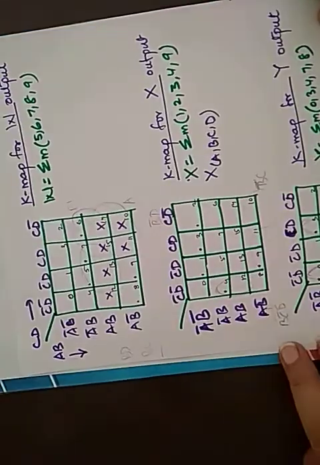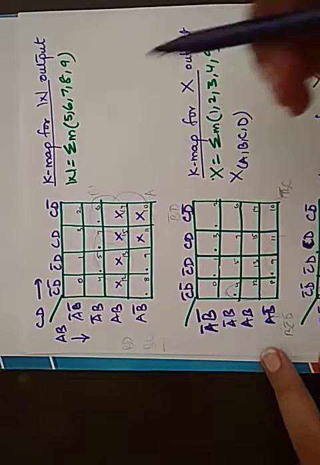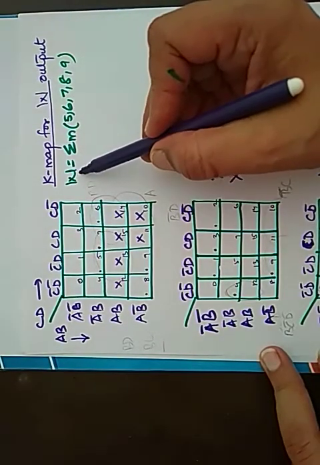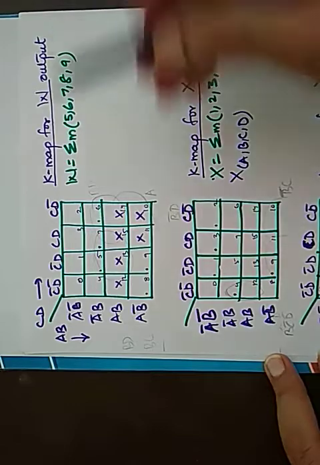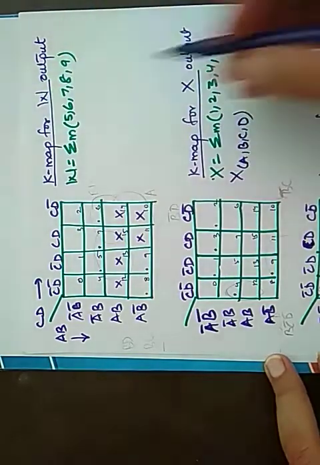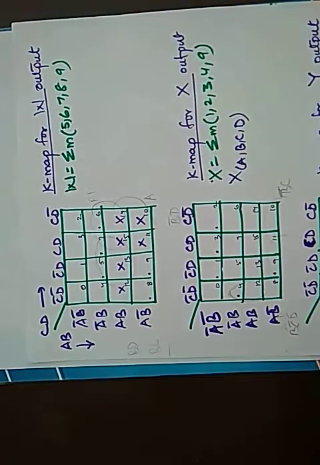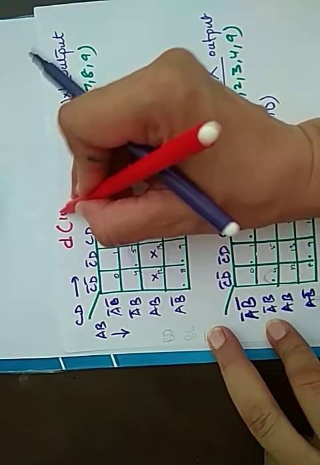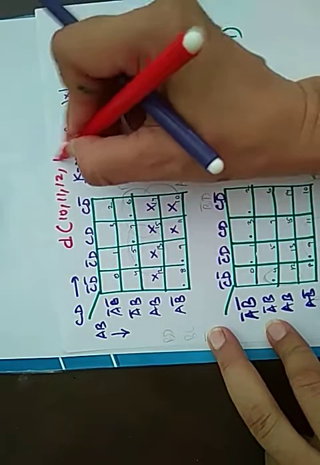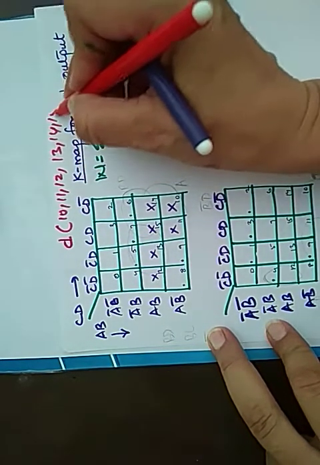Now let us start solving each K-map one by one. So our W function was sigma M 5, 6, 7, 8, 9. And remember that for all these functions we have common don't cares, which are 10, 11, 12, 13, 14 and 15.